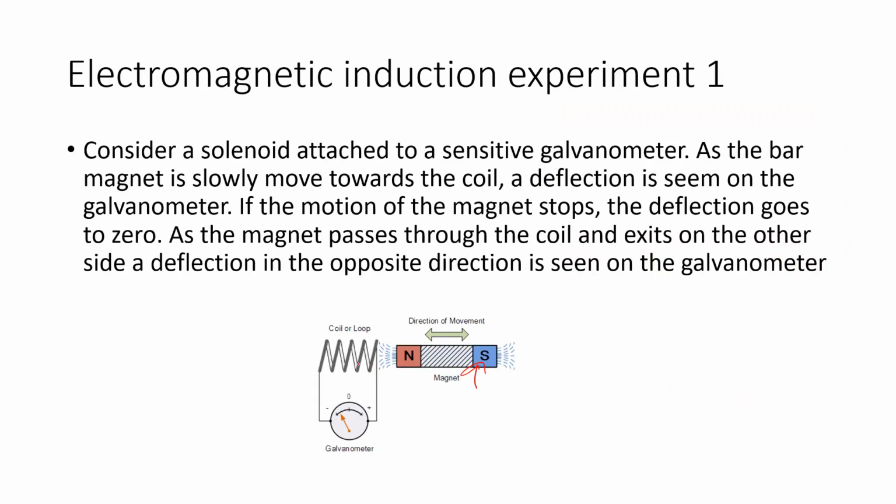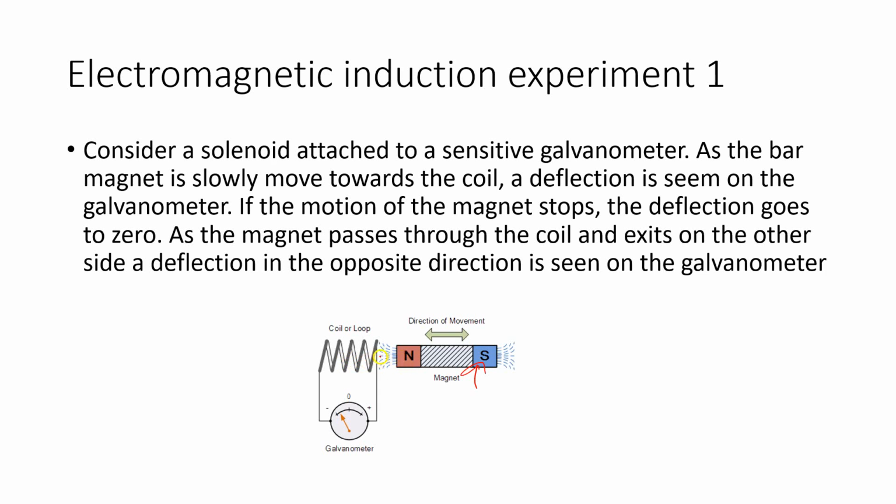So here we have our north pole going towards the coil. What we're essentially saying is that there will be an induced current inside of the coil. Now, that induced current must flow in a direction so that it creates a magnetic field that will repel the magnetic force coming towards it.